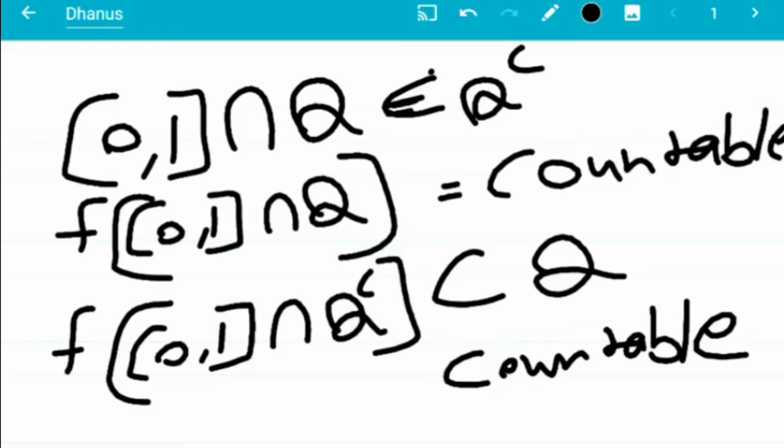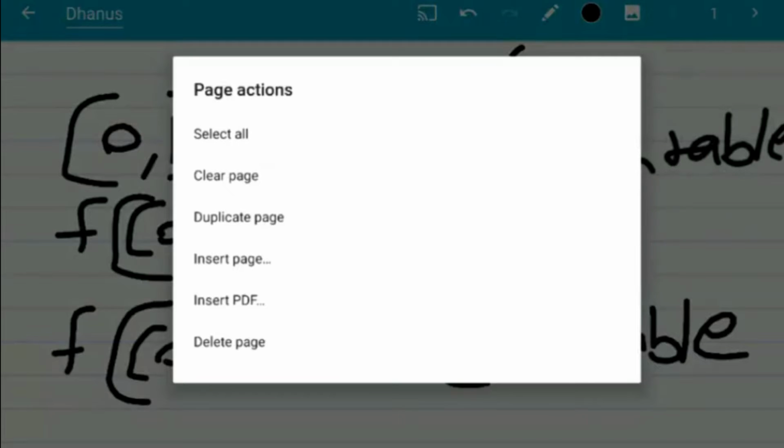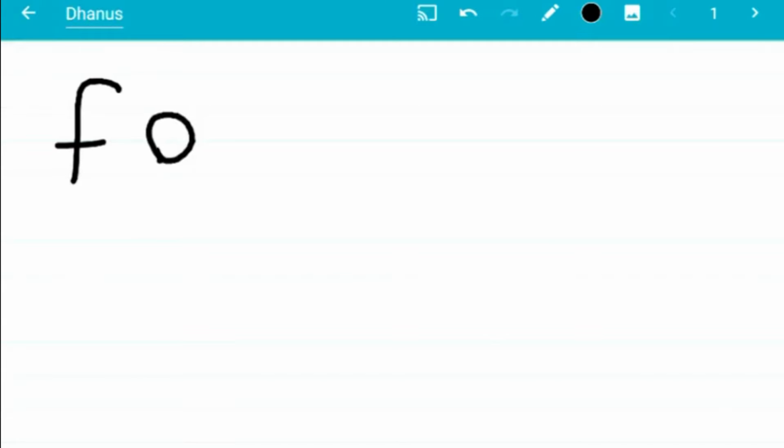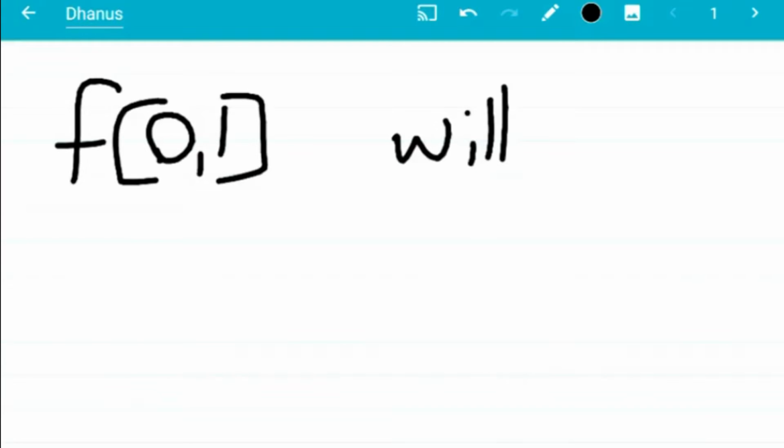But the union of two countable sets is again a countable set. That's why we can say that f of [0, 1] will be countable.